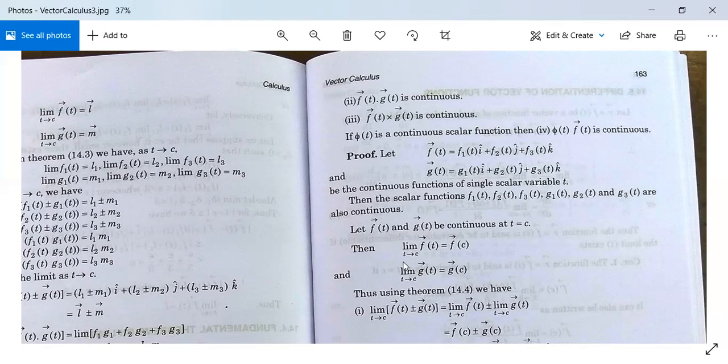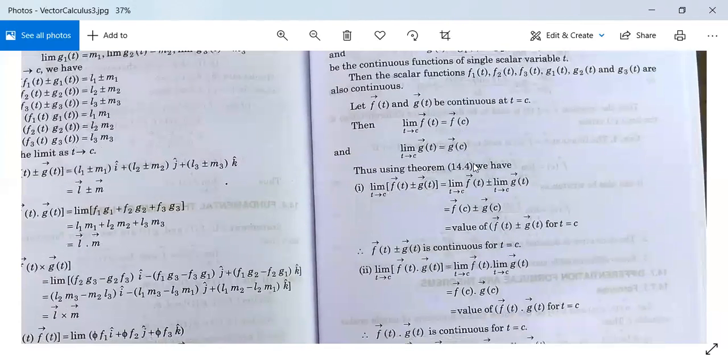Then limit of f(t) as t tends to c will be f(c), both are vectors. Limit of vector g(t) as t tends to c is equal to vector g(c). Then from our earlier results, limit of vector f(t) plus minus vector g(t) as t tends to c will be limit f(t) plus minus limit g(t). This we have shown earlier.